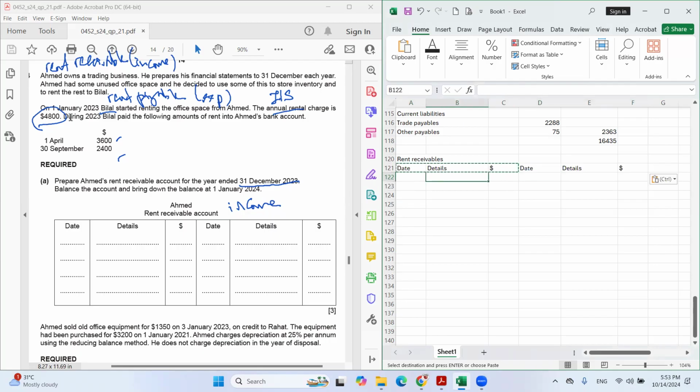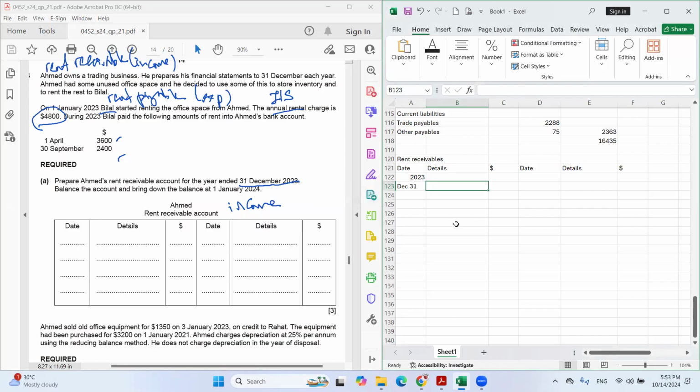First of all, this is when rent first started, so basically there is no opening. Now, from the income account point of view, end of the year 2023, because there is no opening, it's December 31st. Both sides are the same.